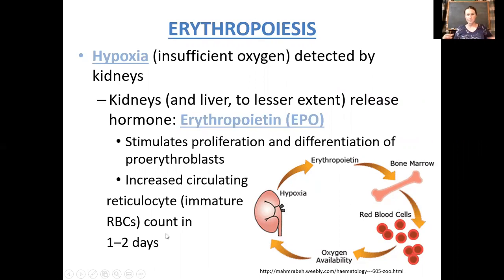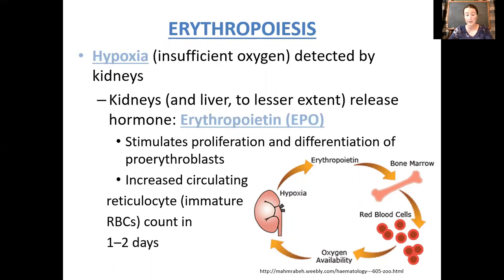Erythropoiesis is happening constantly within our body, but it increases in response to what is called hypoxia. Note that hypoxia is blue and underlined, so this is a term you should be familiar with for upcoming assessments. Hypoxia means insufficient oxygen, and this can be caused by all sorts of things.